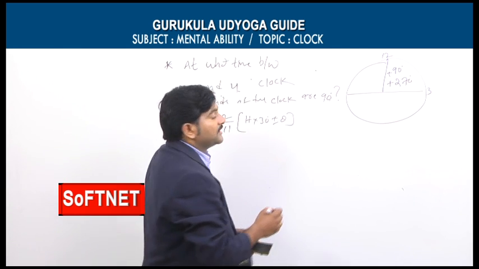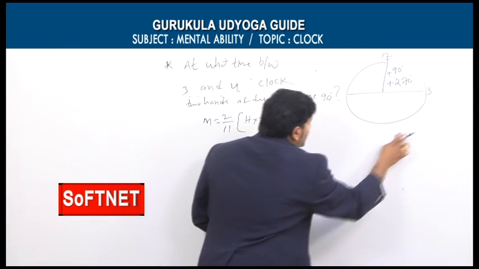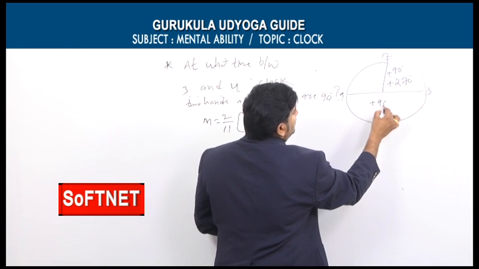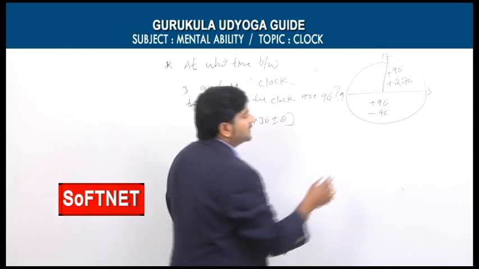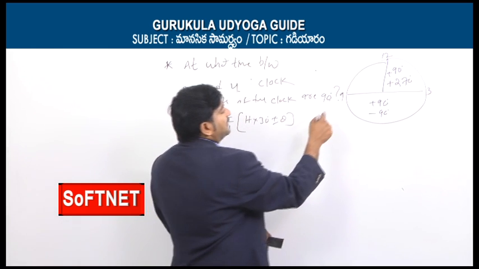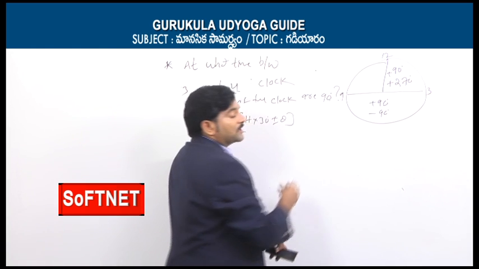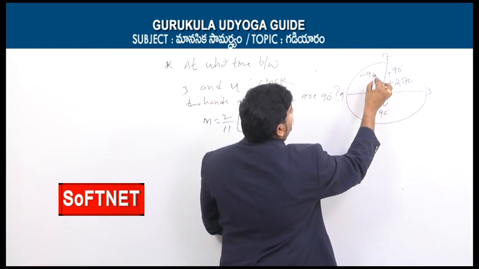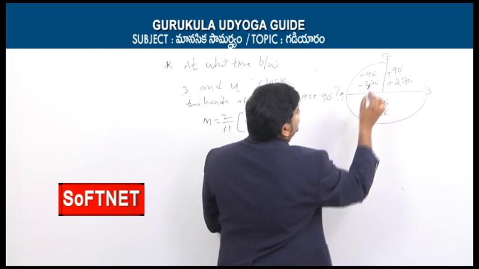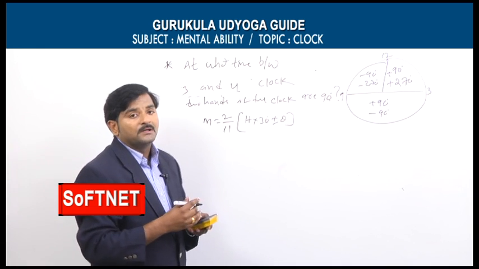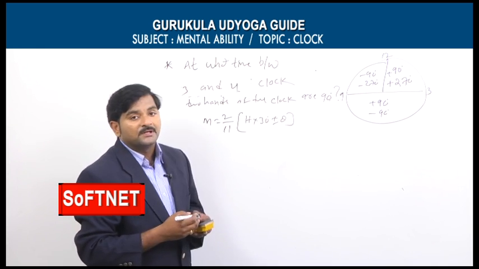If the given time is from 3 to 9, then we need to take theta is equal to plus 90 one time and the next time minus 90. If the given time is in between 9 o'clock to 12 o'clock, then we need to take theta is equal to minus 90 and theta is equal to minus 270. By using this small note, we can solve the perpendicular condition questions.